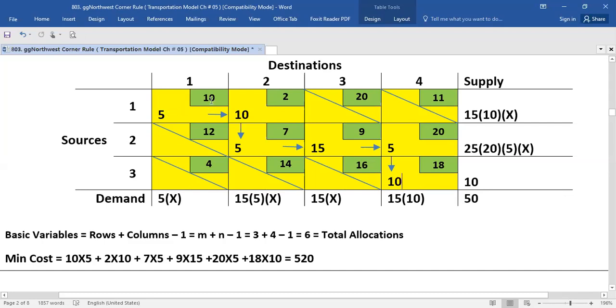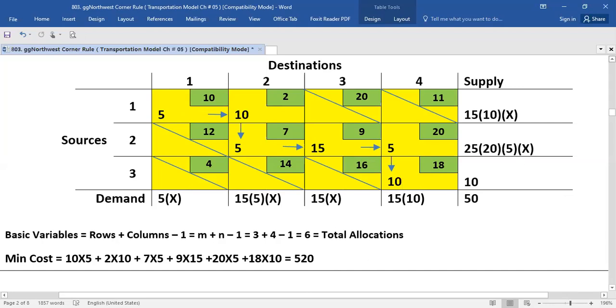So 5 multiplied by 10, 10 multiplied by 2, 7 multiplied by 5, 10 multiplied by 5, 2 multiplied by 10, 7 multiplied by 5, 9 multiplied by 5, 15, 20 multiplied by 5, 18 multiplied by 10. You can multiply 5 to 10 or 10 to 5, this is the same thing. So the result is 520. This is the minimum cost.